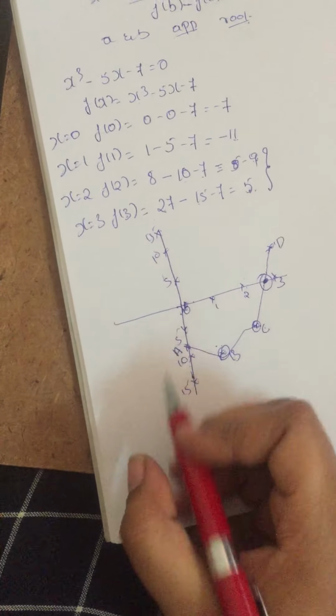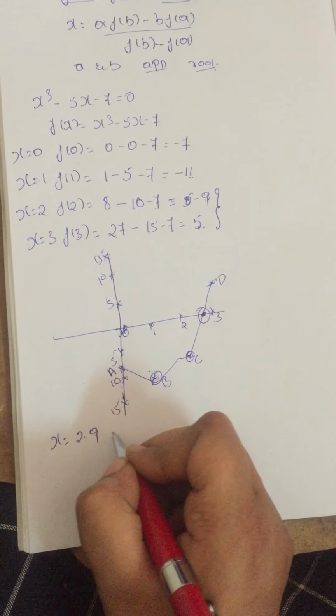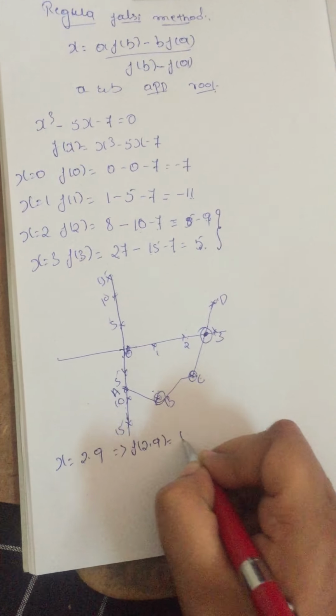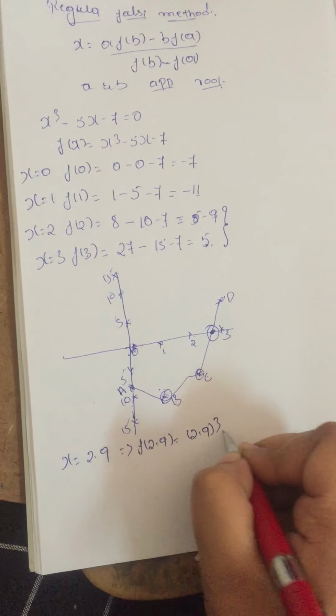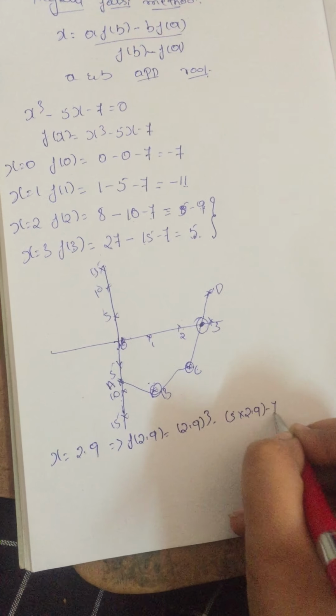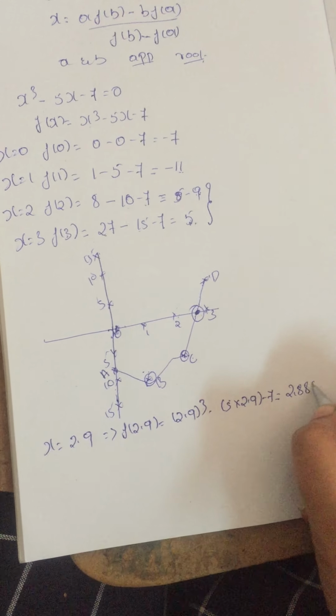Now take x is equal to 2.9, then f of 2.9 is equal to 2.9 whole cube minus 5 into 2.9 minus 7, which is equal to 2.889.